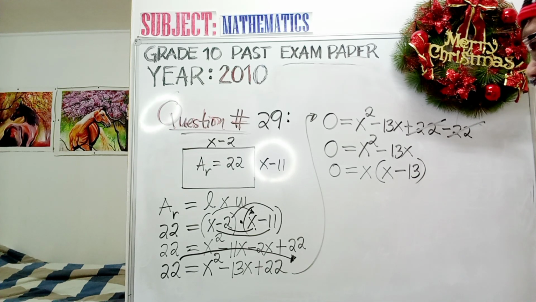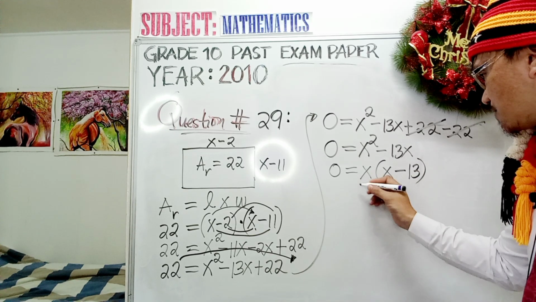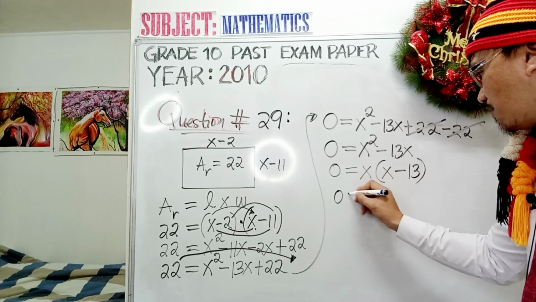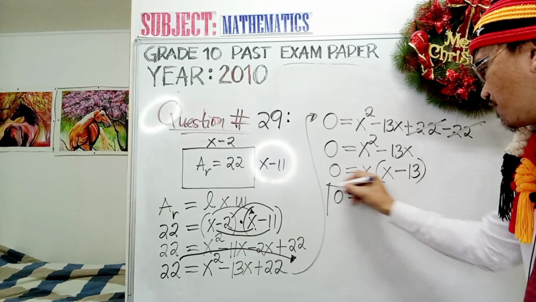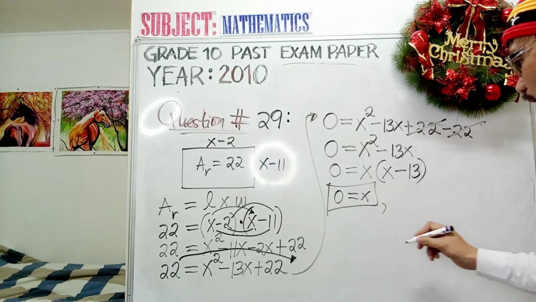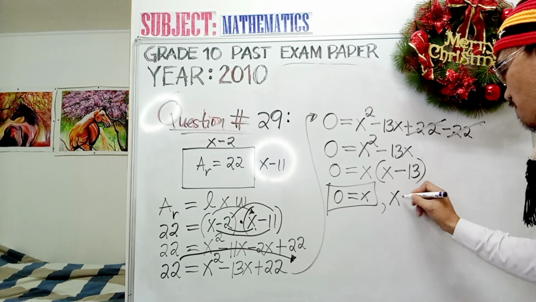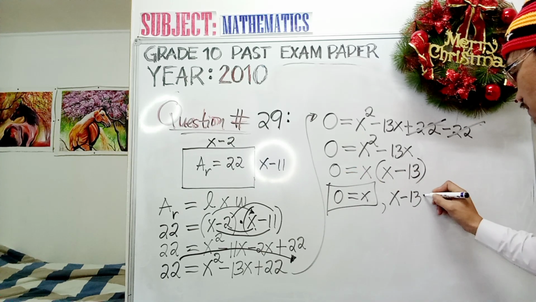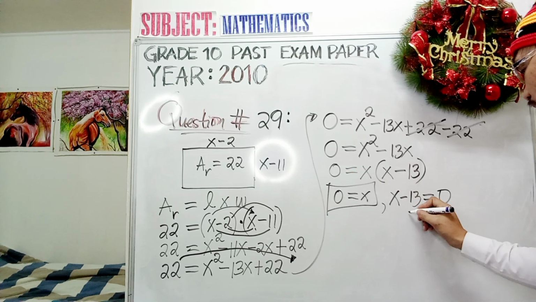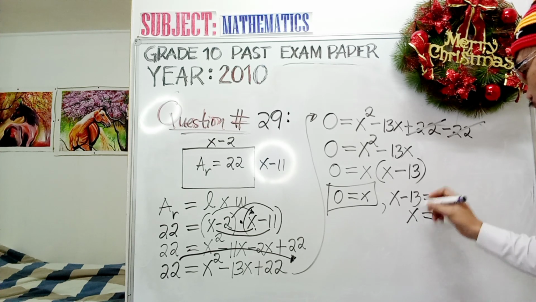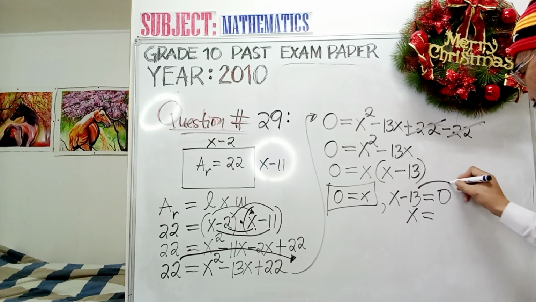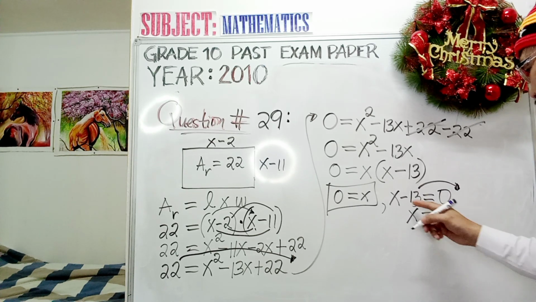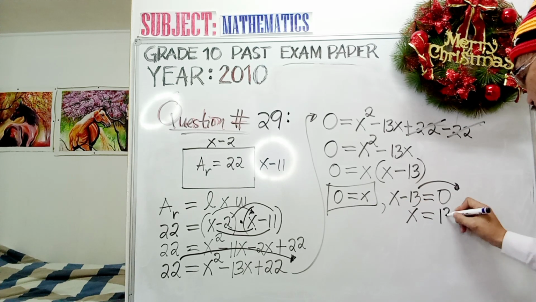Okay? So now, the possible values: 0 equals x. This is the first one. The second one is x minus 13 equals 0, and therefore x is equal to 13, moving the negative 13 to the other side of the equation, the negative becomes positive.